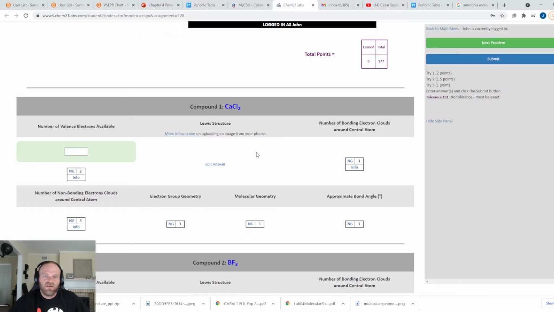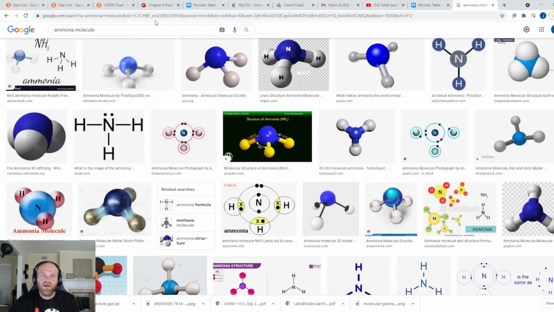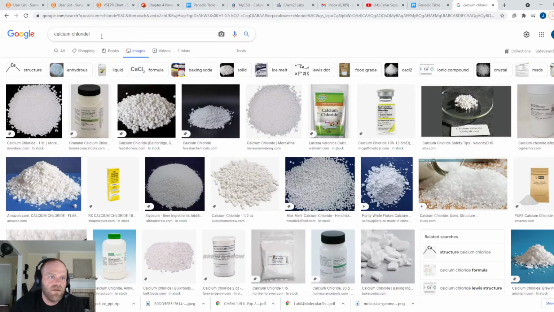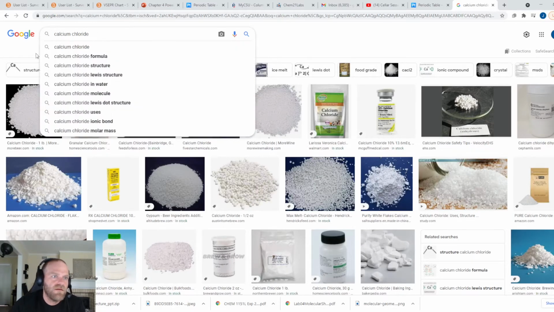So going to go to Chem 21. As it goes for Lewis dot structure, what I might recommend is doing this. Calcium chloride. I didn't mean to do that. Let's do structure.